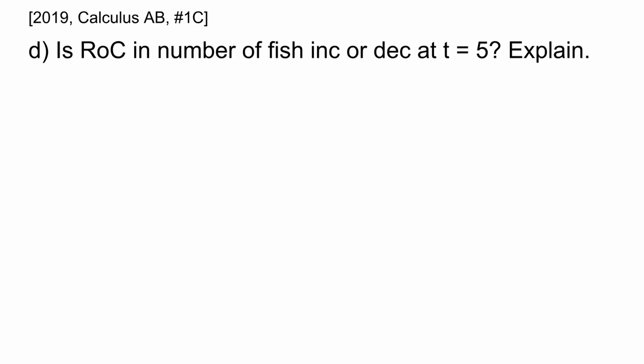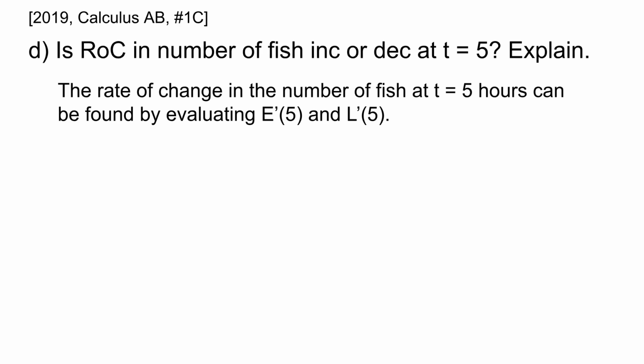In part D of the question, we are asked if the rate of change in the number of fish in the lake is increasing or decreasing at t equals 5, and to provide an explanation. So the rate of change in the number of fish at t equals 5 hours can be found by evaluating both E prime of 5 and L prime of 5.